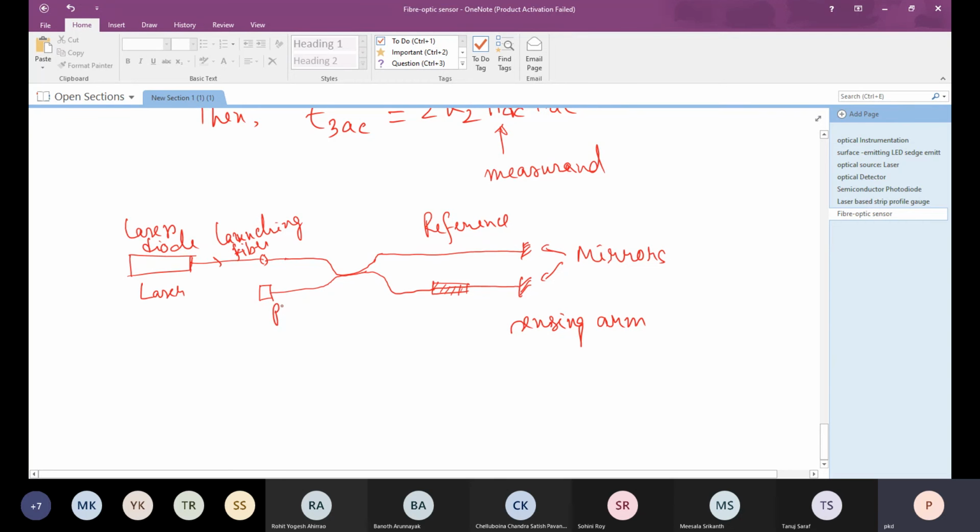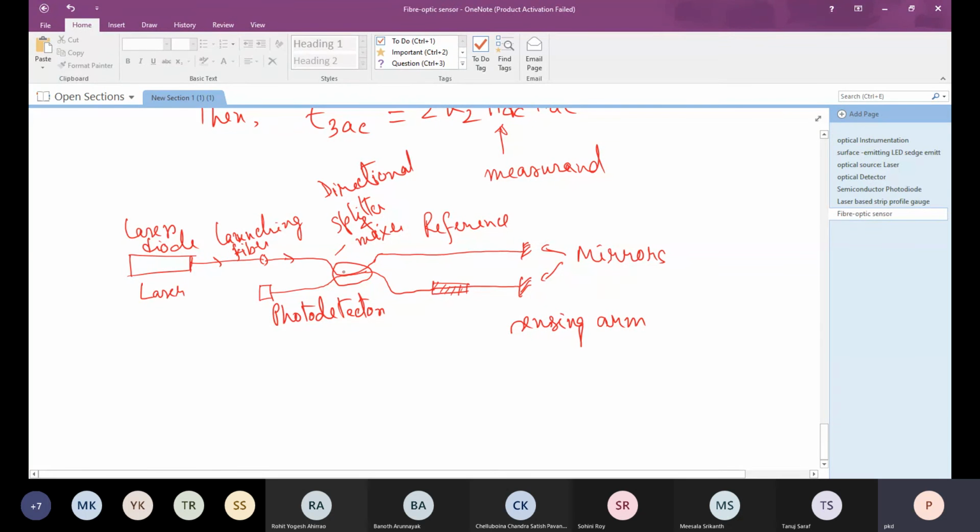Now this is a photo detector. This acts as a coupler and mixer, that is splitter and mixer as well. This length is made in such a way that it gives a sense of direction. So usually these are known as directional splitter and mixer.